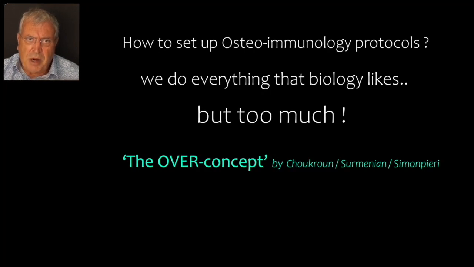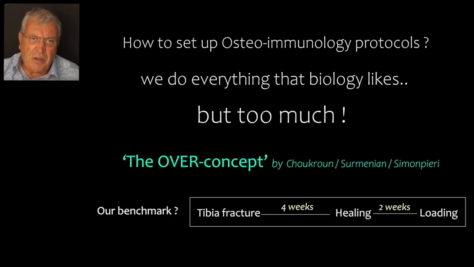But our benchmark is the tibia fracture. We know that a tibia heals in 4 weeks, and we can load it 2 weeks after, 6 weeks in total. It means a normal time for bone healing is 6 weeks. It's very good.